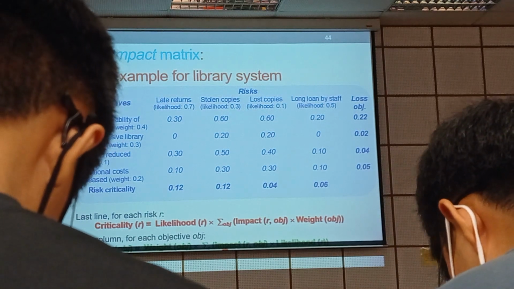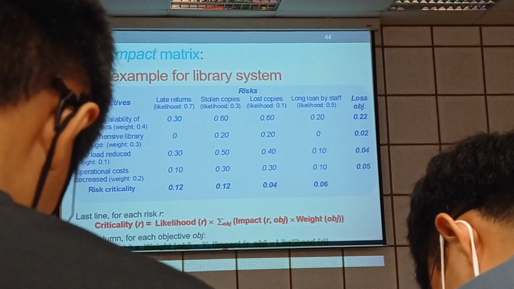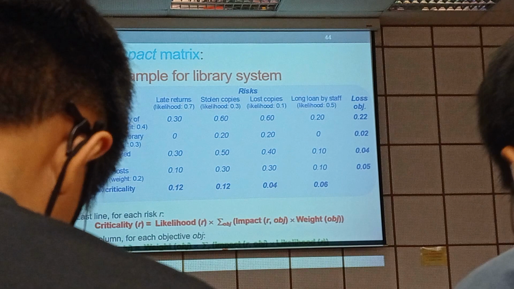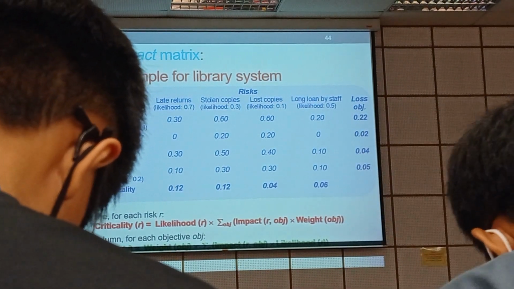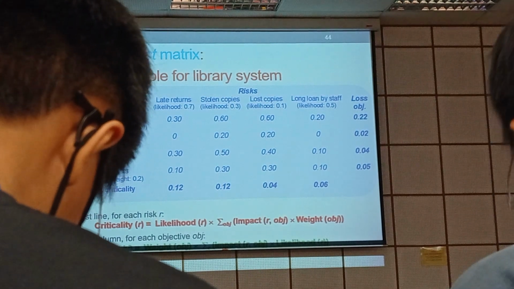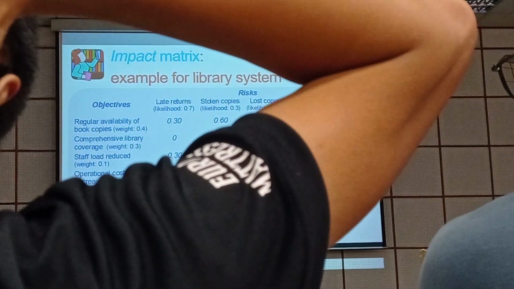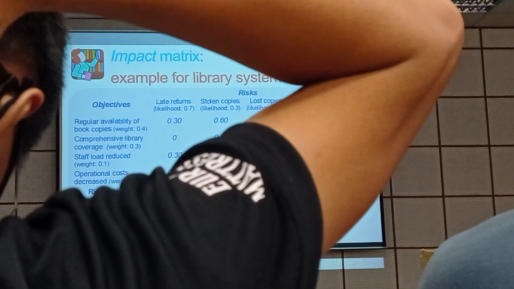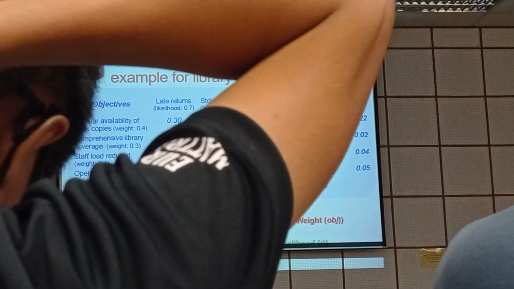For the objective, you have the respective weight 0.4, then 0.3, 0.1, 0.3. Can you see these two columns? This is the impact, and these are the weights of the objectives. So impact multiplied with the weight. Multiply these two.